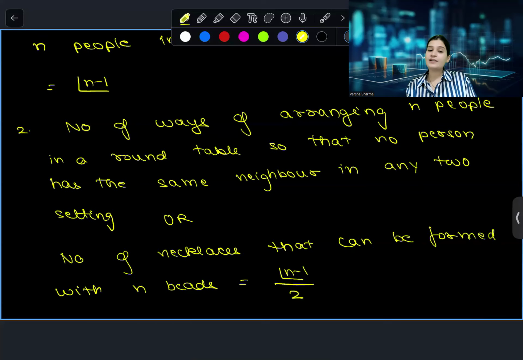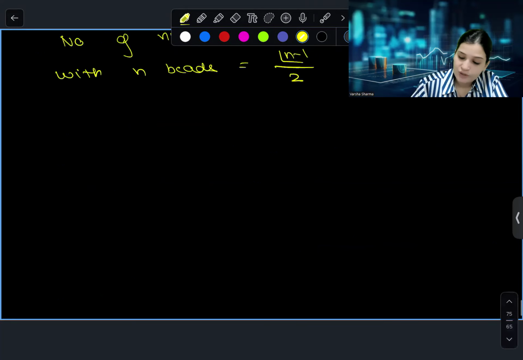So in how many ways can you arrange 7 girls in a round table? 6 factorial. In how many ways can you form a necklace with 10 beads? 9 factorial divided by 2.